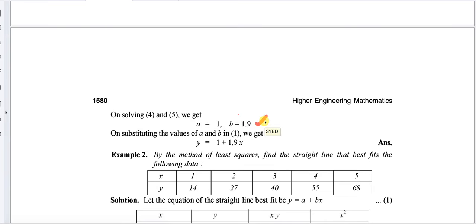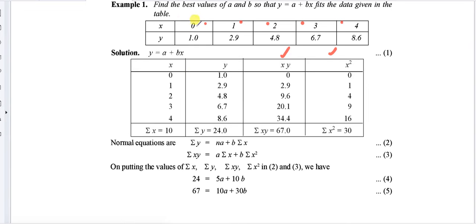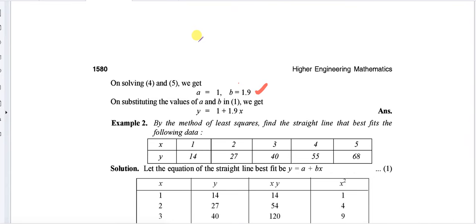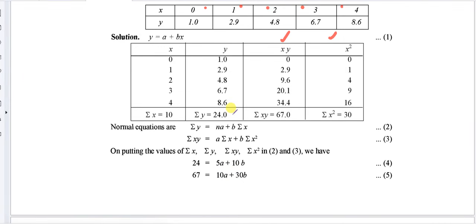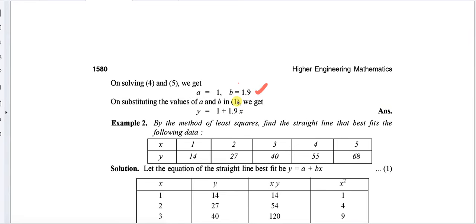Don't expect that it is satisfying 100%. For example, if I substitute x equal to 0, then y is supposed to be 1, and in this one, x equal to 0 gives y equal to 1, okay, fine. If I plug x equal to 1, then y equals 1.9 plus 1, 2.9.